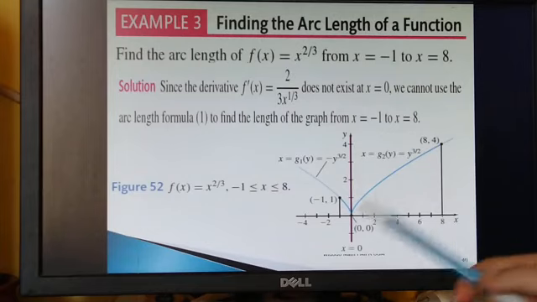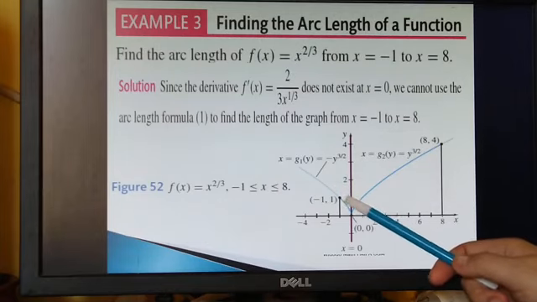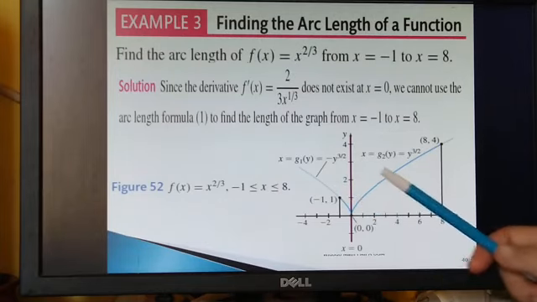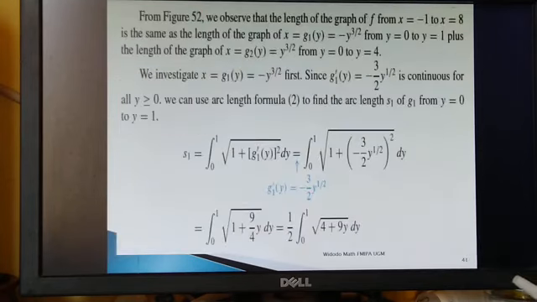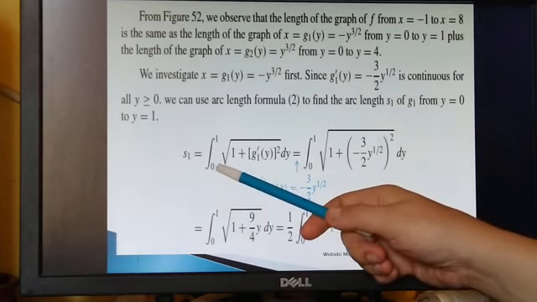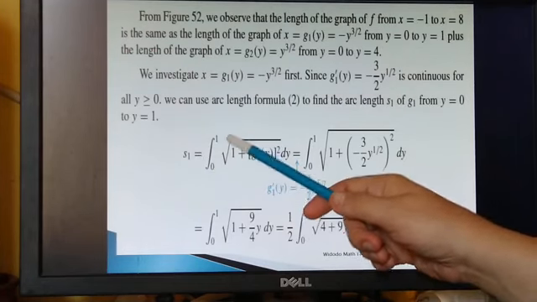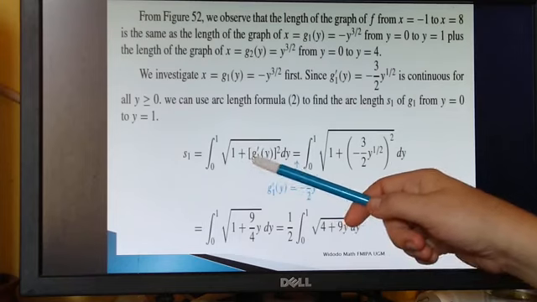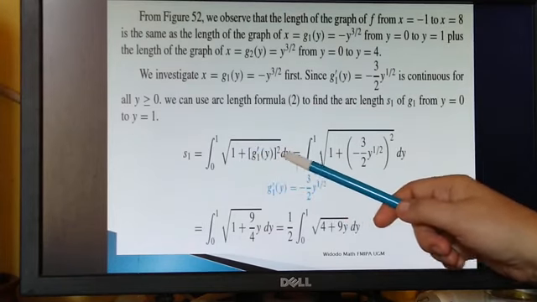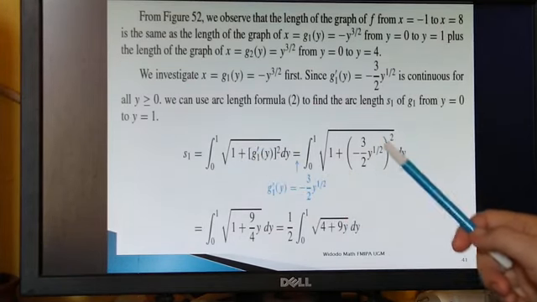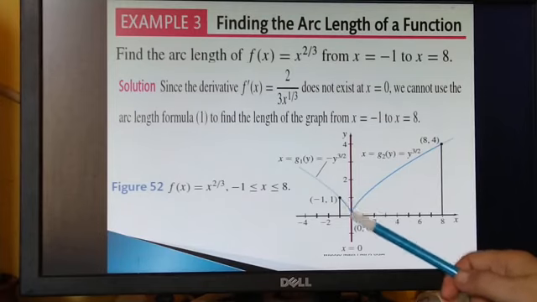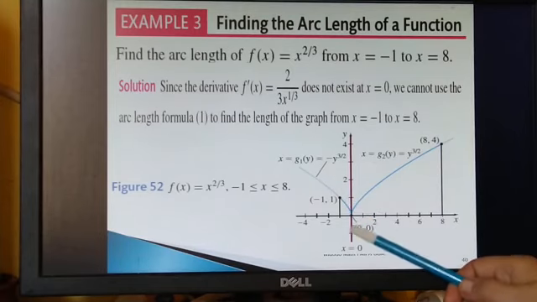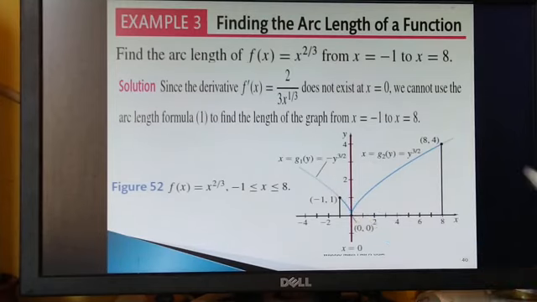So altogether we want to count. This is S1 and this is S2, the first arc length and the second arc length. The first arc length is just the integral from 0 until 1 of the square root of 1 plus g1'(y)² dy, just by using this formula. And the function is on the left side of 0.